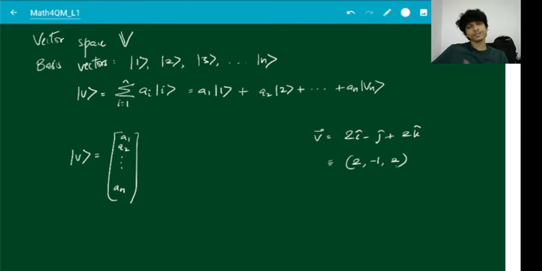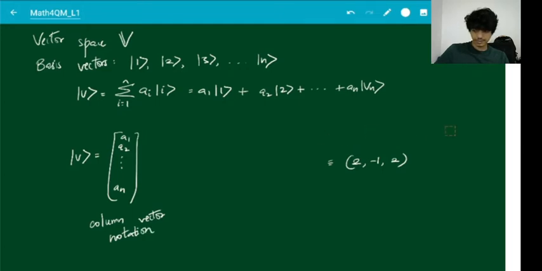So what you're doing over there is you're just taking the components and putting them together in some sort of ordered set. Same thing we're doing over here. We're taking the components a1, a2 up to an and putting them in a column matrix. So this is called the column vector notation. And it's very useful. This is what we will be using very often in quantum mechanics.